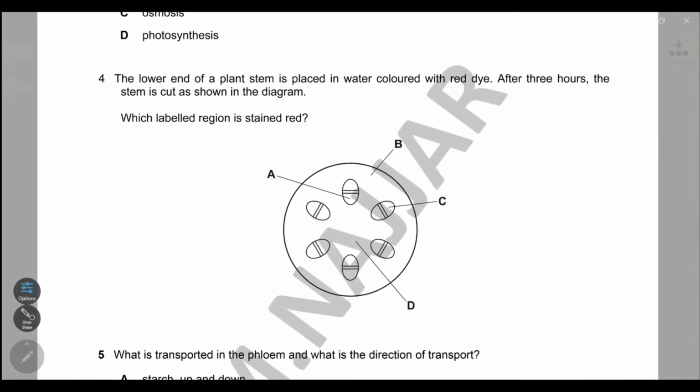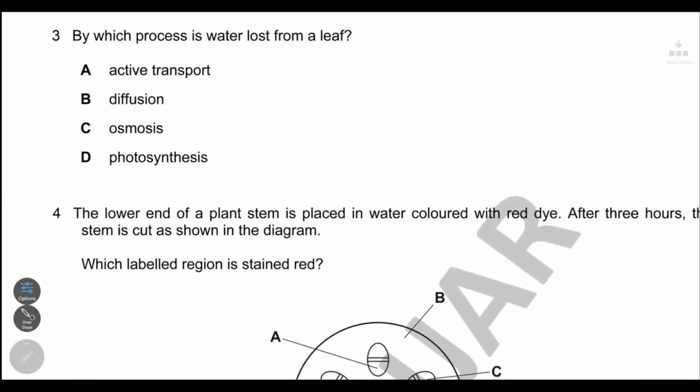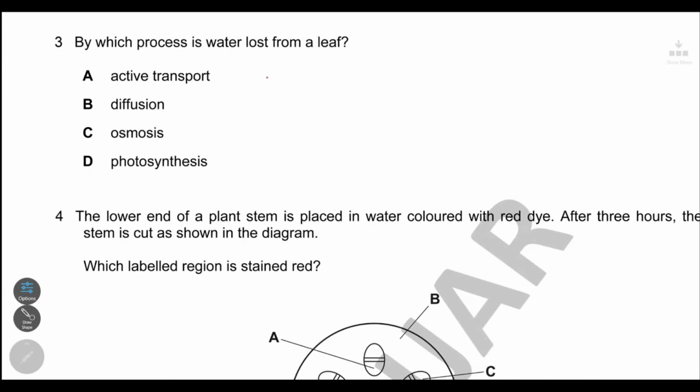Question number 4, or 3 in this case. By which process is water lost from the leaf? A, active transport, B, diffusion, C, osmosis, D, photosynthesis. Of course, water is not transported by active transport at all. Diffusion, yes, water can go in the form of vapor.